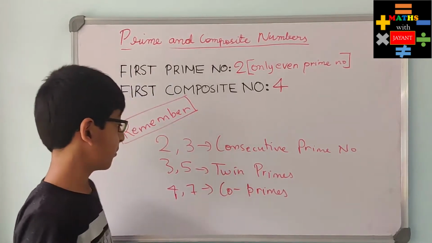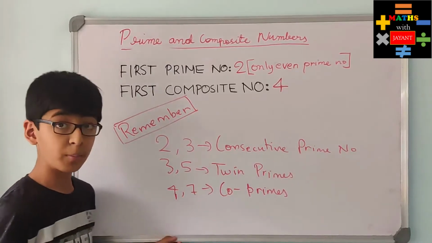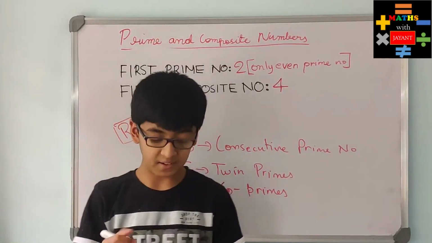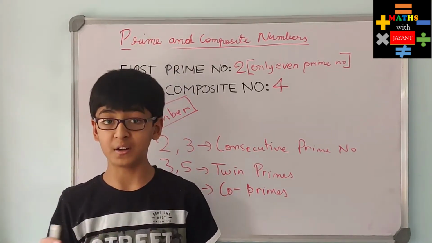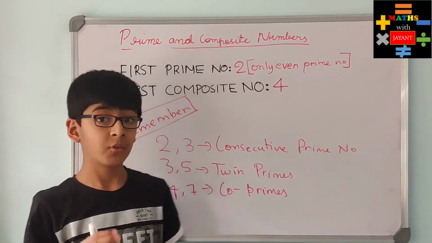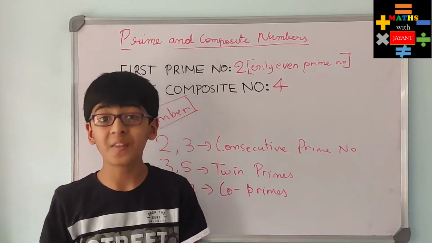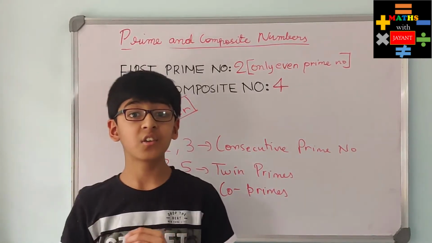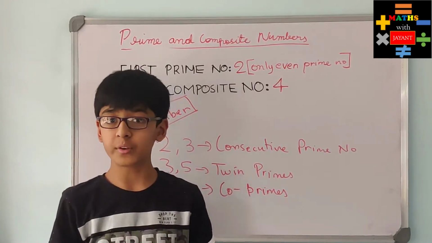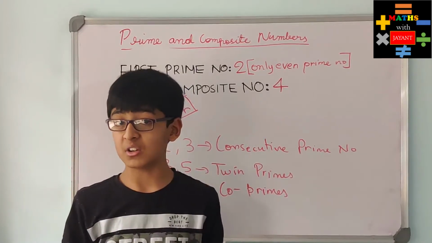Let us find more examples of co-primes. Are 5 and 11 co-primes? The factors of 5 are 1 and 5, and the factors of 11 are 1 and 11. They both have only 1 in common, so they will be co-primes. What about the numbers 6 and 8? The factors of 6 are 1, 2, 3 and 6, and the factors of 8 are 1, 2, 4 and 8.